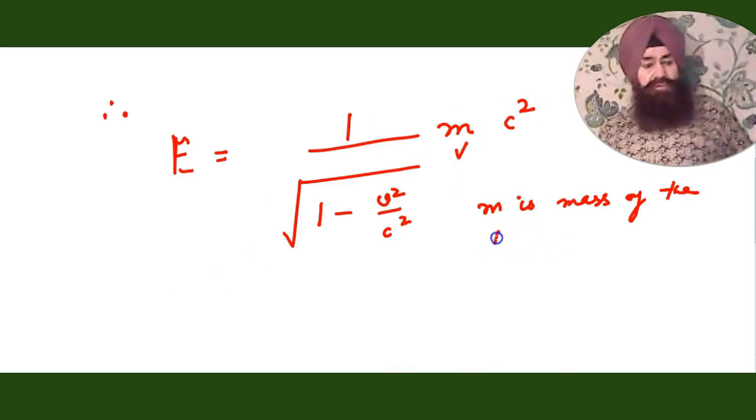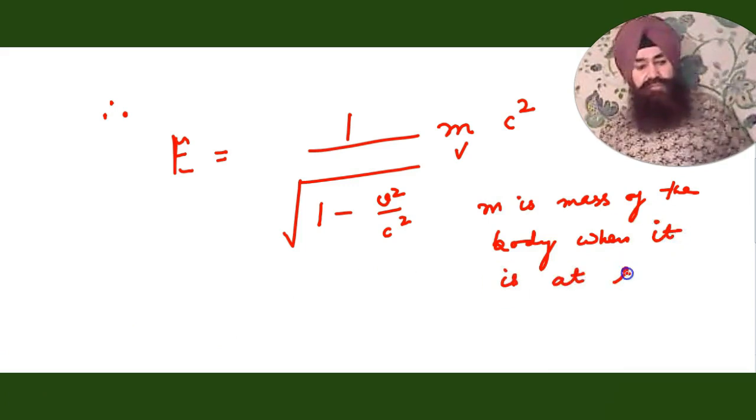What is this m? m is the mass of the object when it is not moving, the mass of the body at rest.